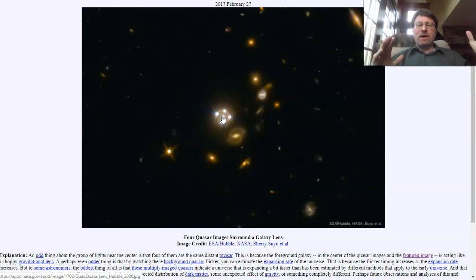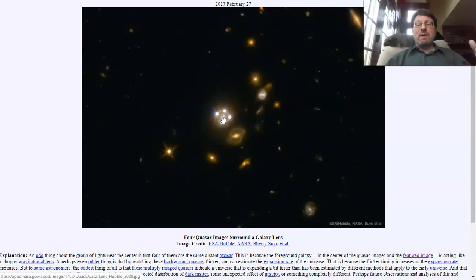Not only does it start at a little bit later or earlier time, depending on which image you're looking at, because of the differences in the light travel time, the time between 2 flickers is going to be stretched or compressed, depending on which one you see first. As the universe expands more, something we'll be talking about today, there's more distance for that light to travel. And so the timing between 2 consecutive peaks in a flicker is going to be stretched out a little bit.